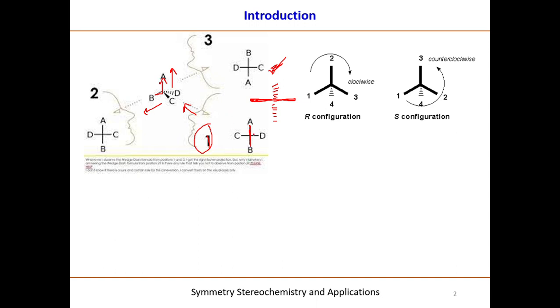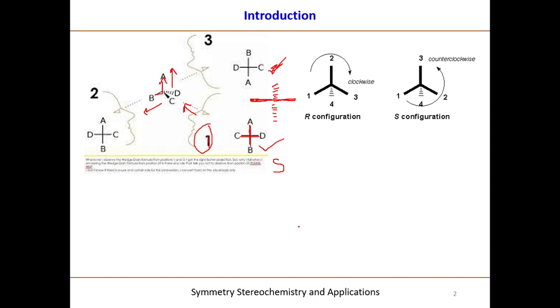So it is written in the correct way. And C and D are on the wedge position because they are coming from the back side to the front side, towards ourselves. That means they are written on the horizontal line, and it's the correct way. This is the correct way of representing the configuration of the molecule.